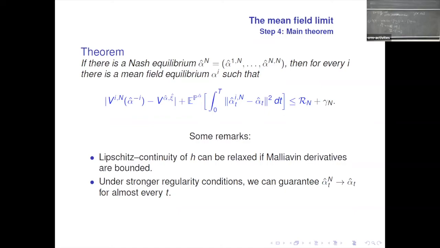Something that we tried to do, and Dylan was especially pushing for that, was to see if we can prove convergence here t by t, not just that the whole process converges. And it turns out to be not a simple question. So we had to impose much stronger regularity conditions, like differentiating things at least 2 times, to be able to get that this alpha n converges to alpha, not for all t, but for almost every t.